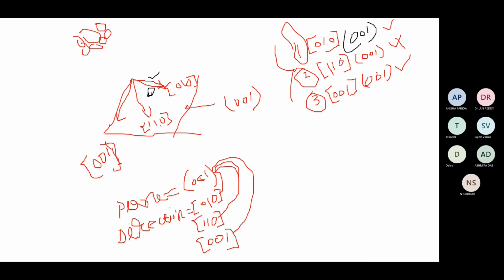And then we consider this direction. So automatically we can consider this direction also, right? We need no extra effort to go for this direction and this plane.